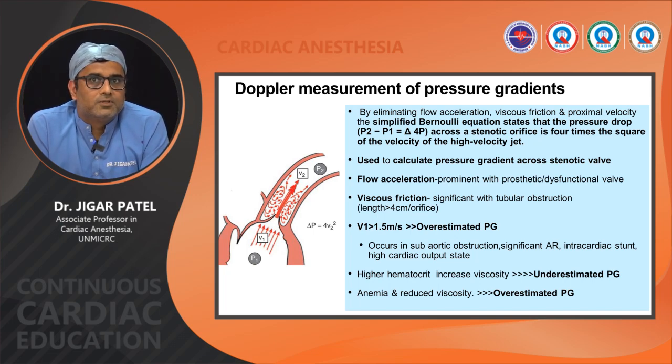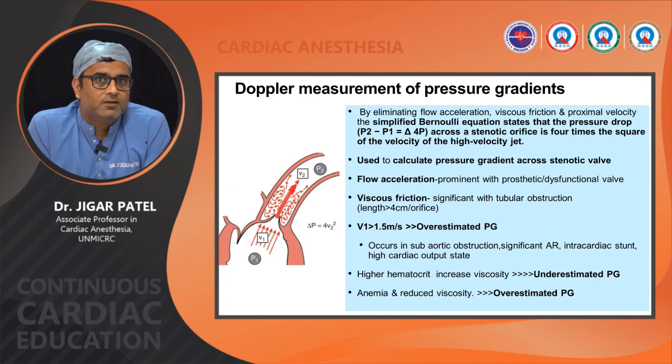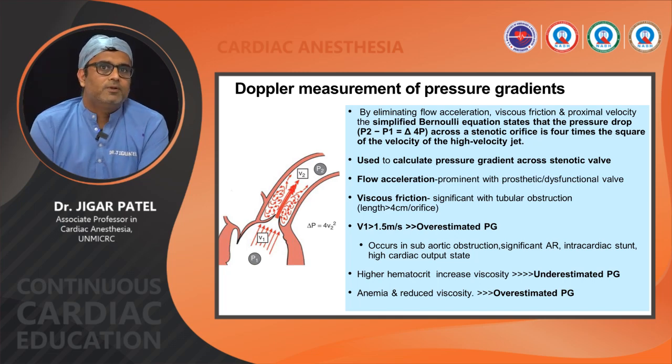In prosthetic and dysfunctional valves, there is significant flow acceleration and you can get error in measurement with this equation. Similarly, viscous friction, which is present with long and tubular obstruction, gives error in the result when you measure with this Bernoulli equation. Third, when the velocity in the proximal part, V1, is higher than 1.5 meters per second, then by using the simplified equation you are ignoring it and you get an overestimated pressure gradient.